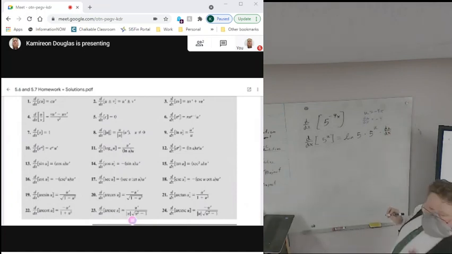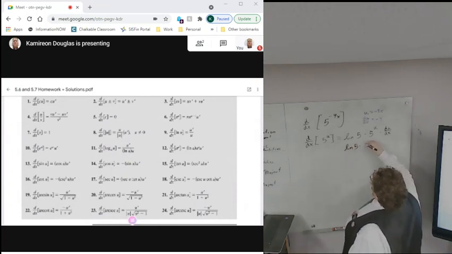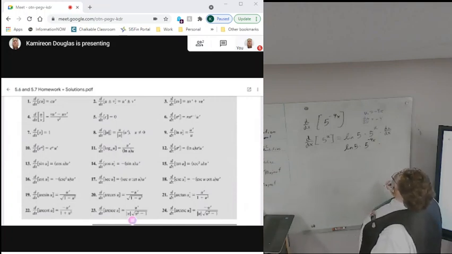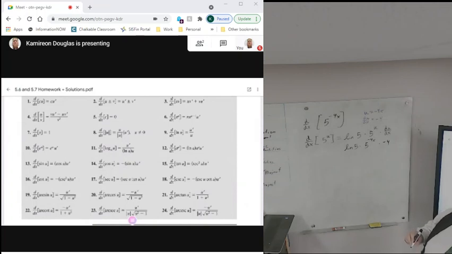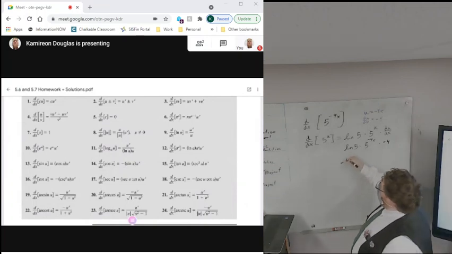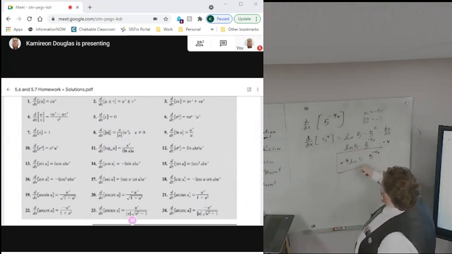I just plug everything in. ln of 5 is ln of 5. 5 to the u power will be 5 to the negative 4x, times u prime, which is negative 4. I then just use order of operations to move the negative 4 up front. Negative 4 ln of 5 times 5 to the negative 4x. That's my solution.